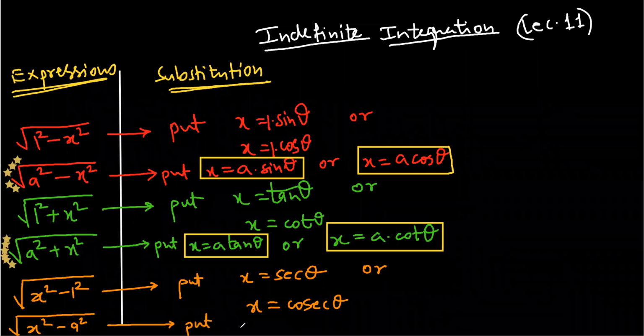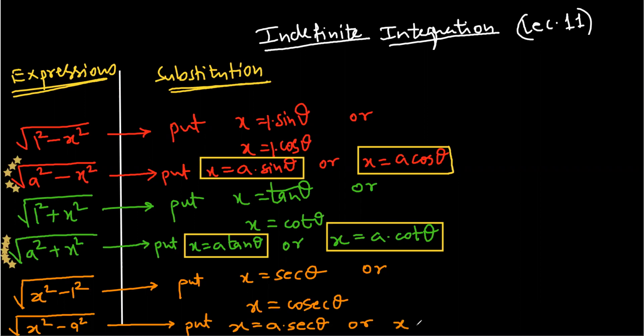The substitution is put x equals, yes, you are right, someone said a sec theta. Okay, I was just joking, how could I hear you? So x is equal to a sec theta, or x equals a cosec theta when you have x square minus a square. Let me put these stars here.